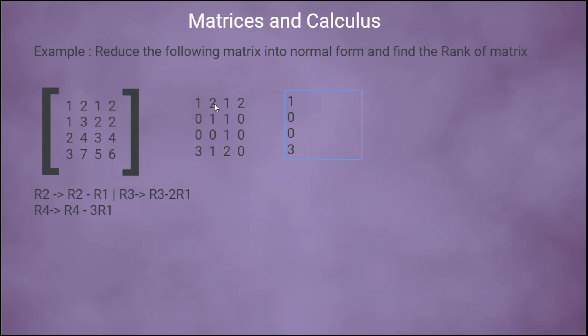Now C2, here I'll write the operation. C2 gives rise to 2 minus 2C1. 2 minus 2 into 1, 0.